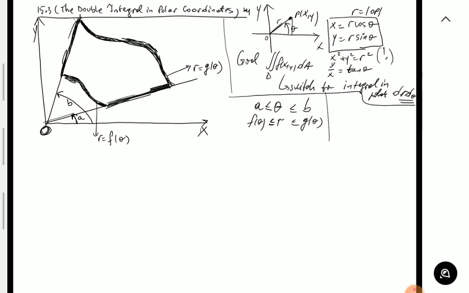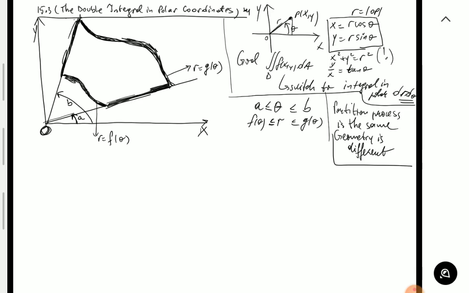Okay, so the partition process is the same. What is different is that the geometry is different, because the partition is not going to result in non-overlapping squares or rectangles.